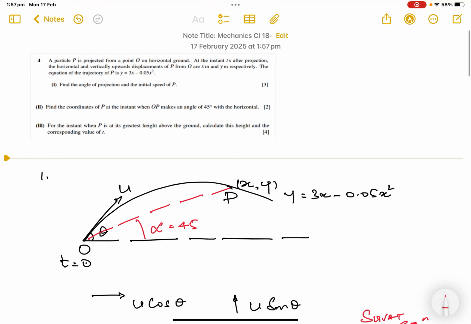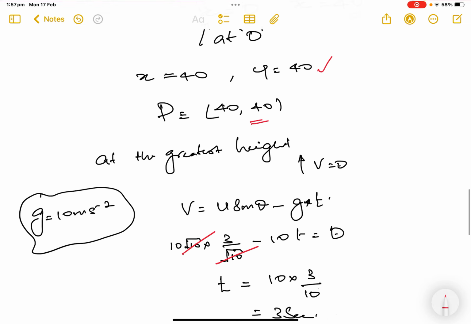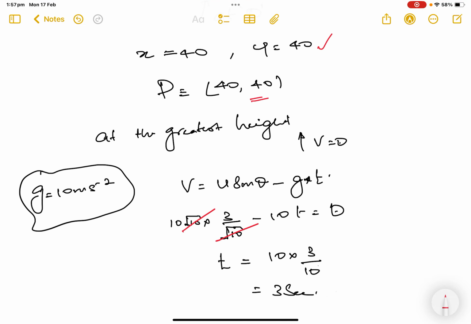Next one. For the instant when P is at its greatest height above the ground, we calculate the height and the corresponding value of t. At the greatest height, the vertical velocity v is 0 because the path turns the other way. So from that, we know, this is the SUVAT equation, v equals u plus at. So we're using v equals u sine theta minus gt.